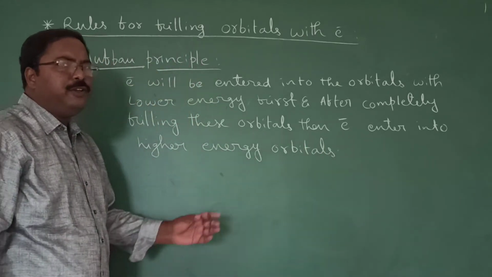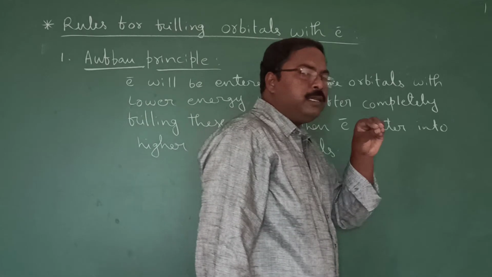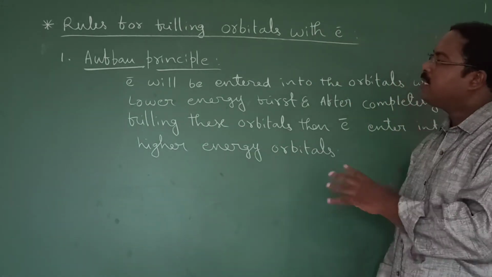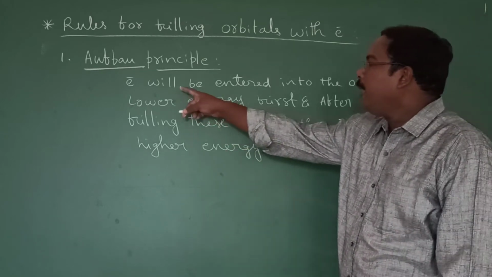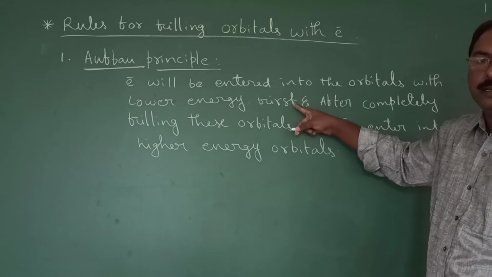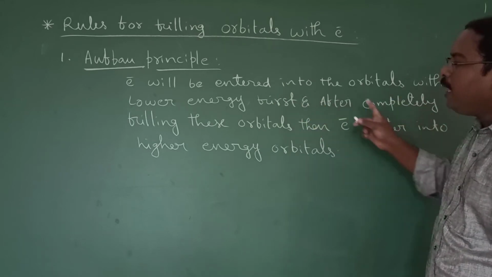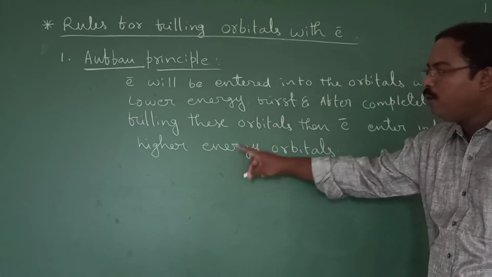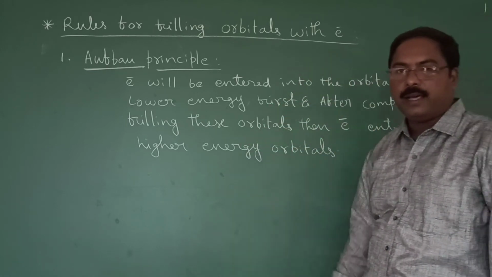It is not a new rule. Whatever you did in the lower class for filling of orbits, the same way, the electrons will enter the orbitals with the lower energy first. After completely filling these lower energy orbitals, then the electrons enter into higher energy orbitals.